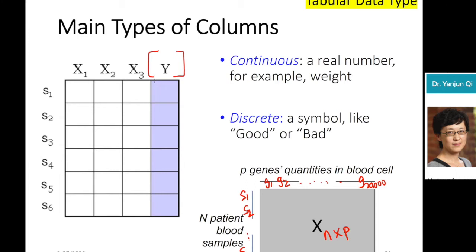In many biomedical tasks, p is super large and n is smaller. P, in this genetic case, is about 20,000 or 30,000. N is roughly 100, or within hundreds. All right, so remember that.